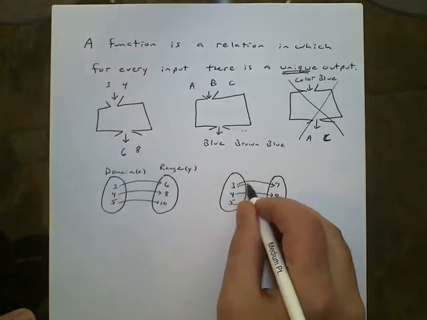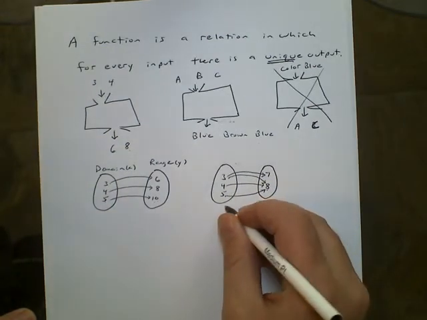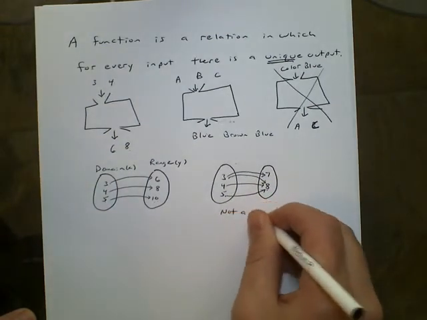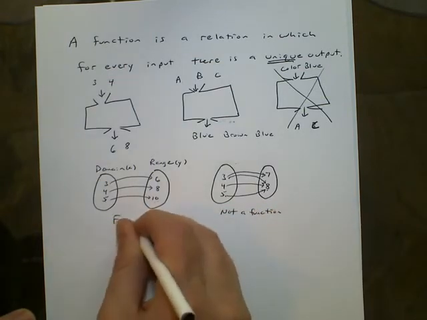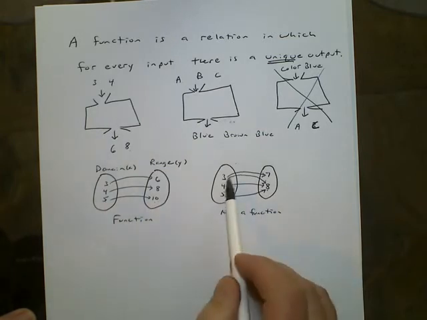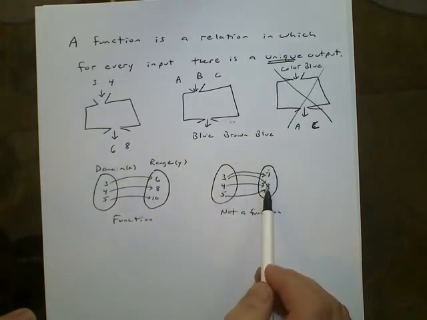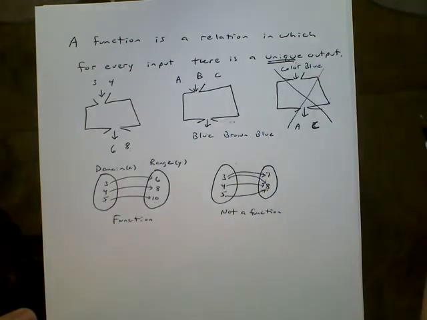If you put 3 in again, and it gives you something other than 7, that would mean that this is not a function. So the first one was a function, and the second one was not a function. The reason the second one's not a function is because the 3 gave us 2 different outputs. Again, it has to be a unique output. You always have to get the same thing out from what you put in.